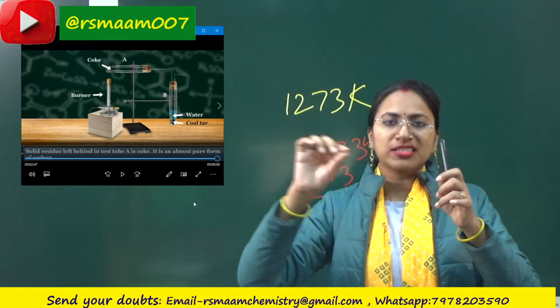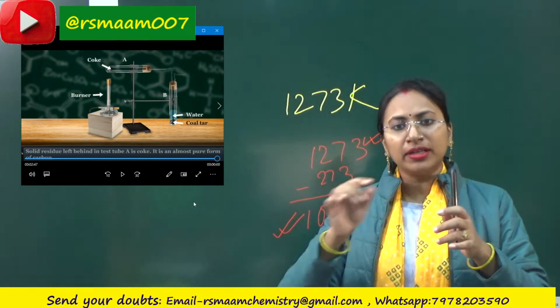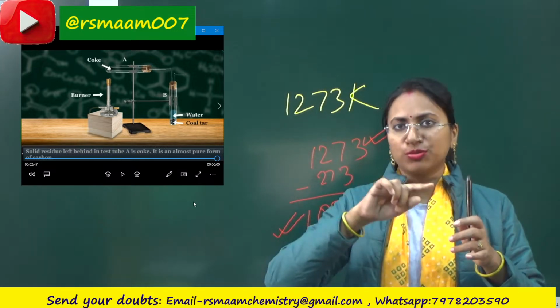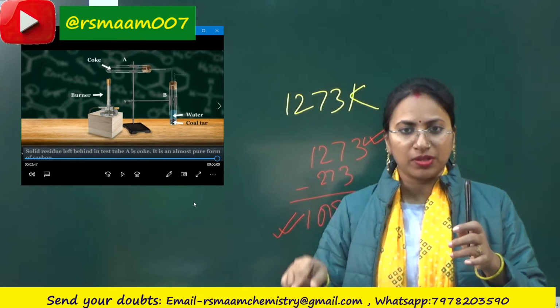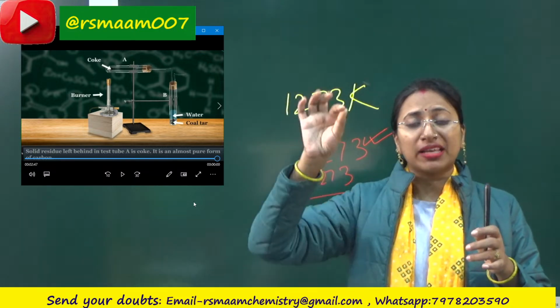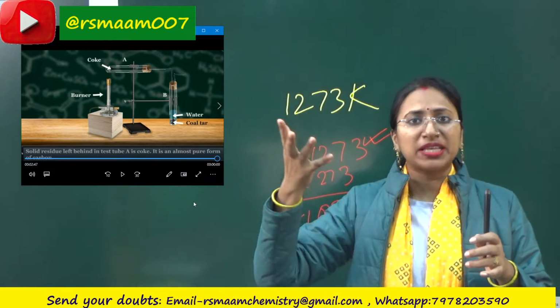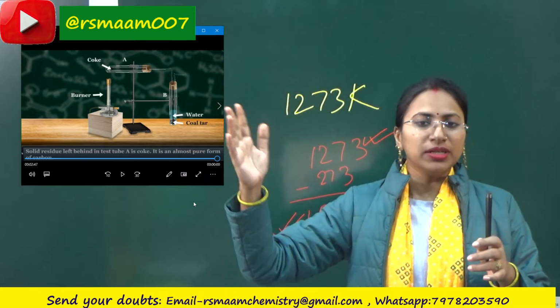A delivery tube will be connected, and those two test tubes will be connected through the delivery tube. Coal gas will also be released, so we need to put one extra delivery tube so that the coal gas being generated may get out of the tube.